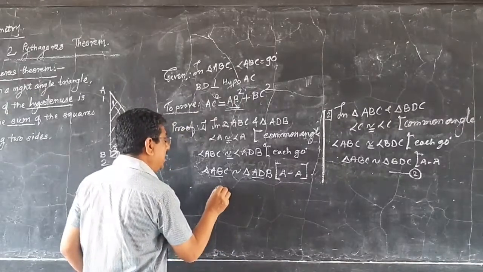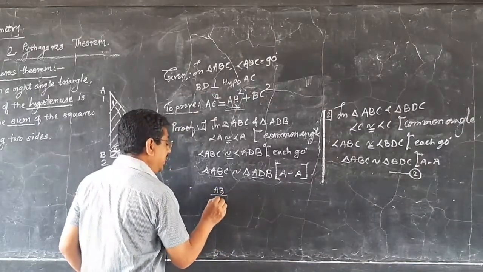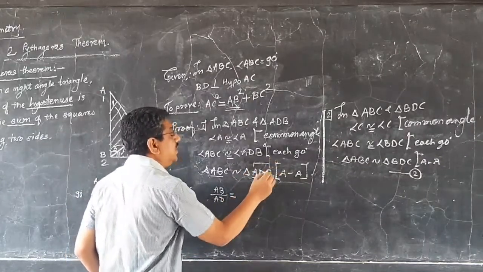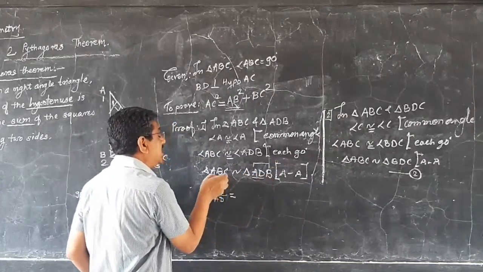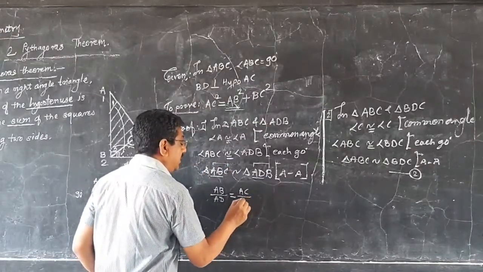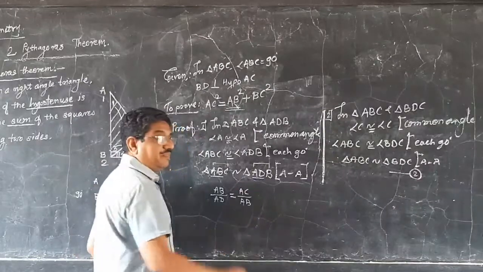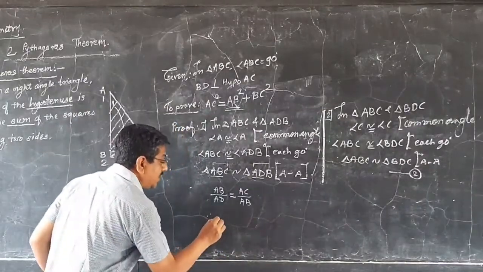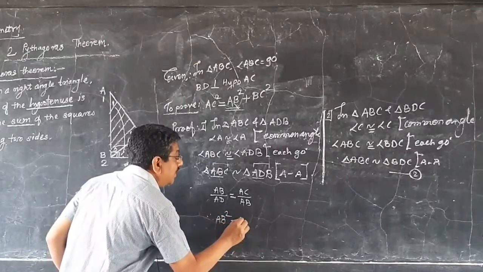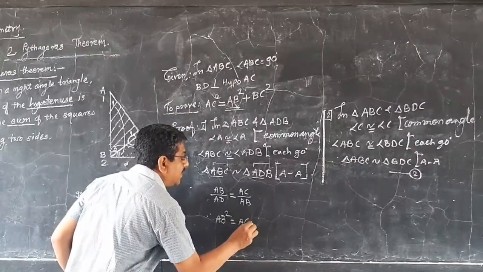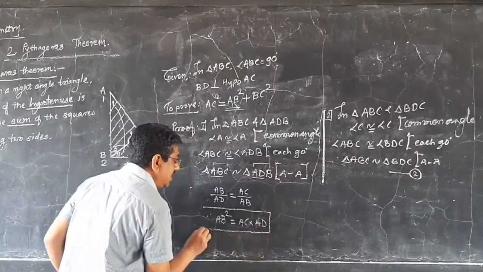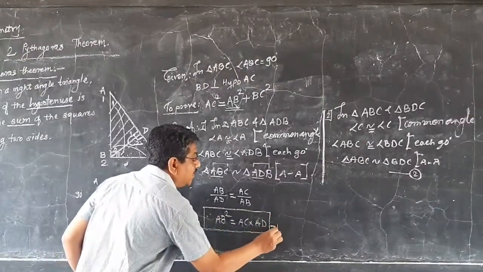Therefore, AB upon AD is equal to, here again I take AB, and to get AB I should take AC. Therefore, AC upon AB. By cross multiplication, AB square is equal to AC multiplied by AD. For this theorem, you can give this statement number 1.